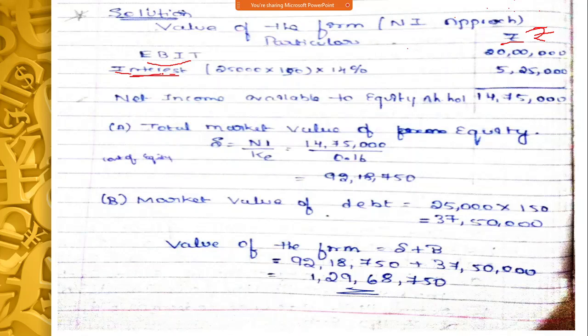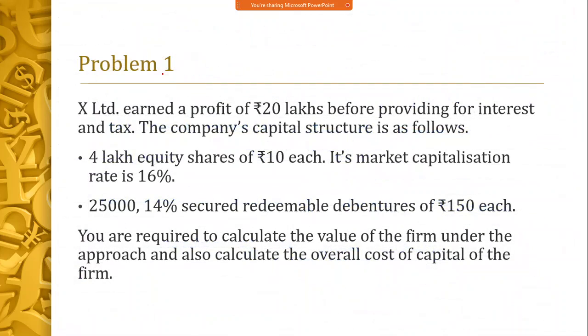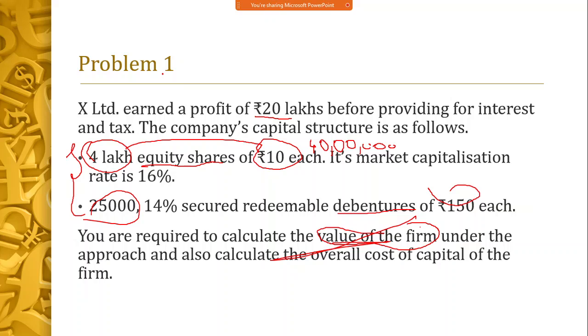Now, what is this interest, or how shall we calculate interest? First we have to find out the total amount of debt that we have. The total amount of debt is 25,000 bonds.